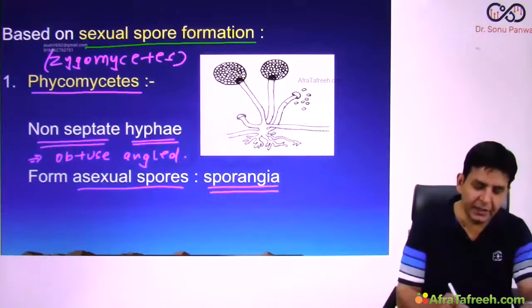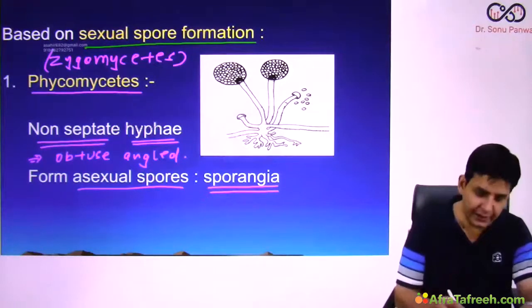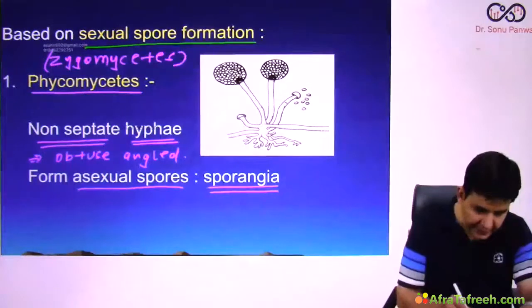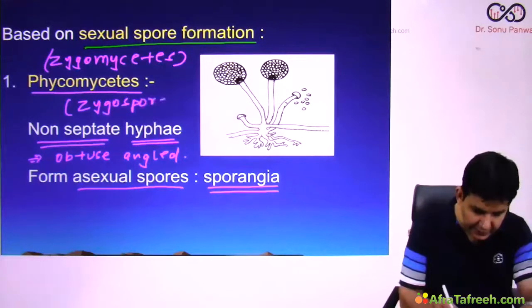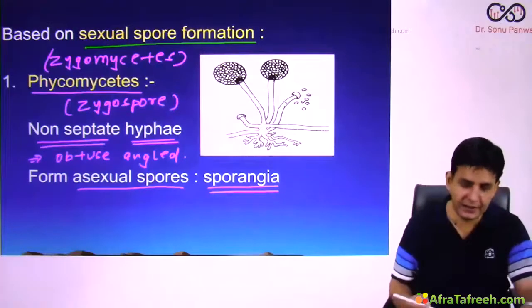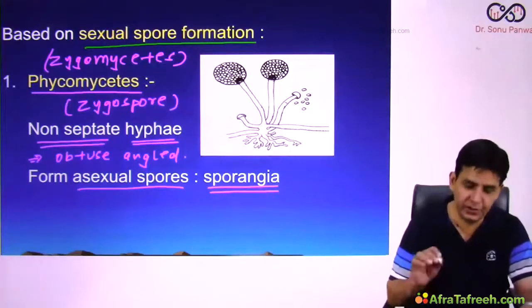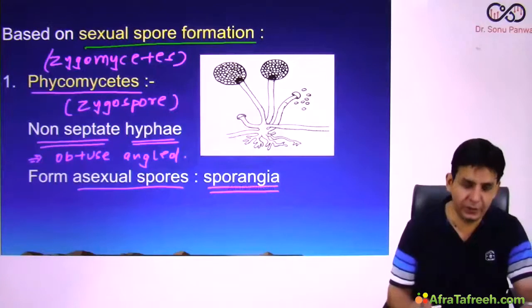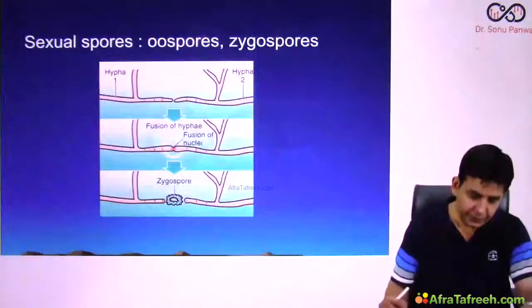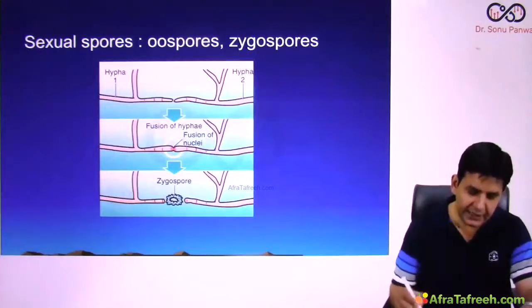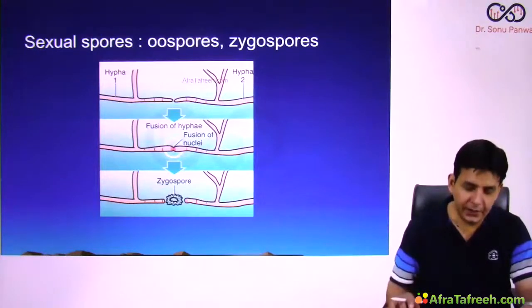By the name of that particular family, the sexual spore is the zygospore. The zygospore is there in the phycomycetes, and they have asexual spores also, which are present inside the sporangia.